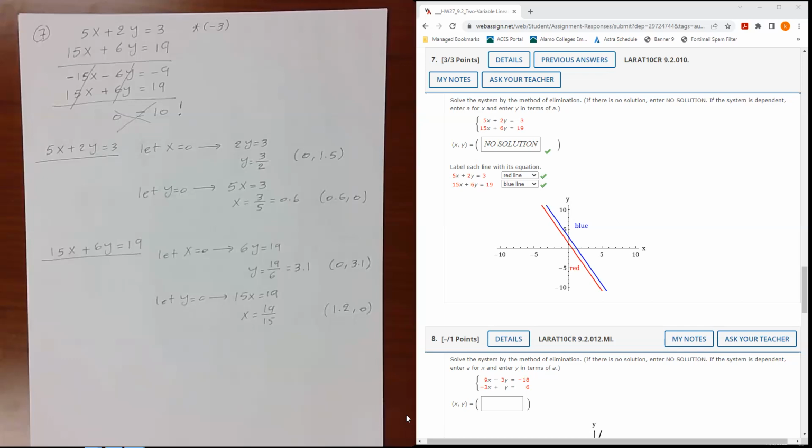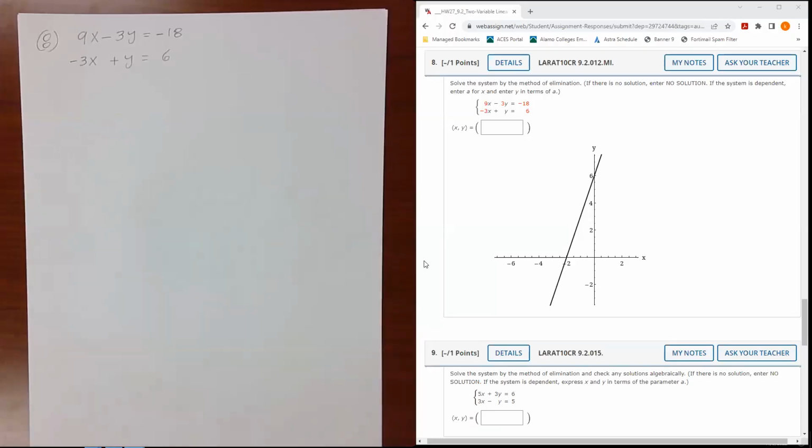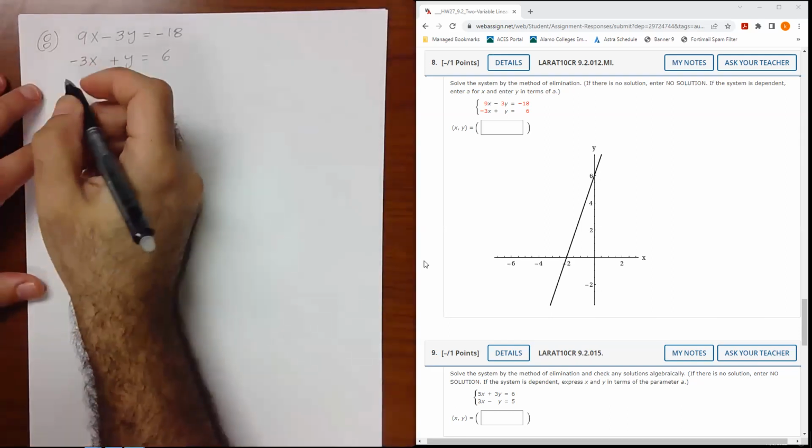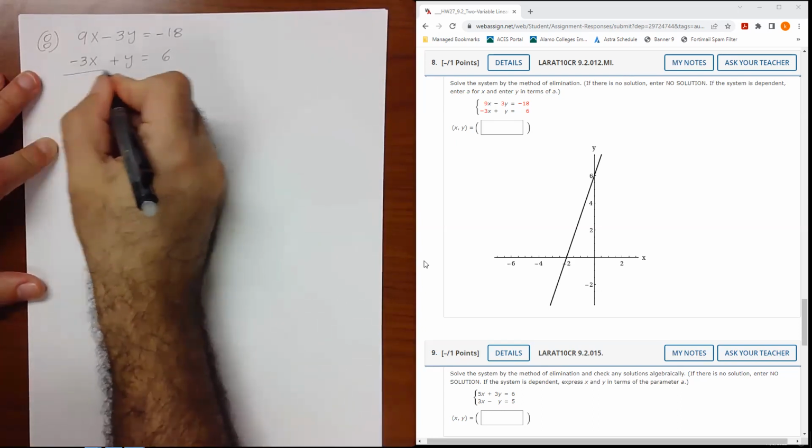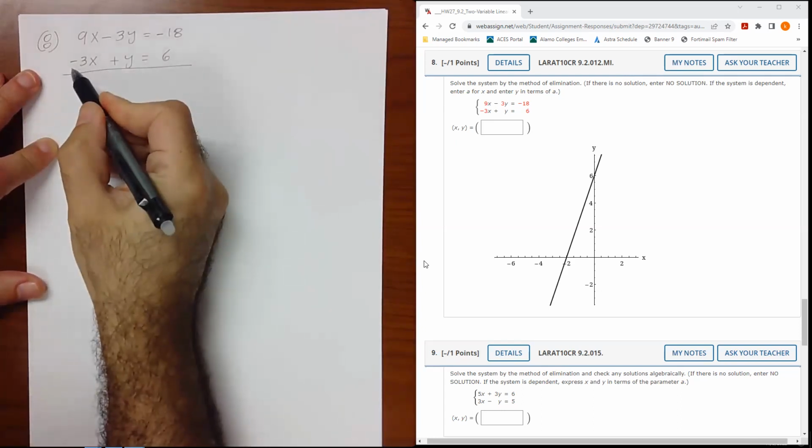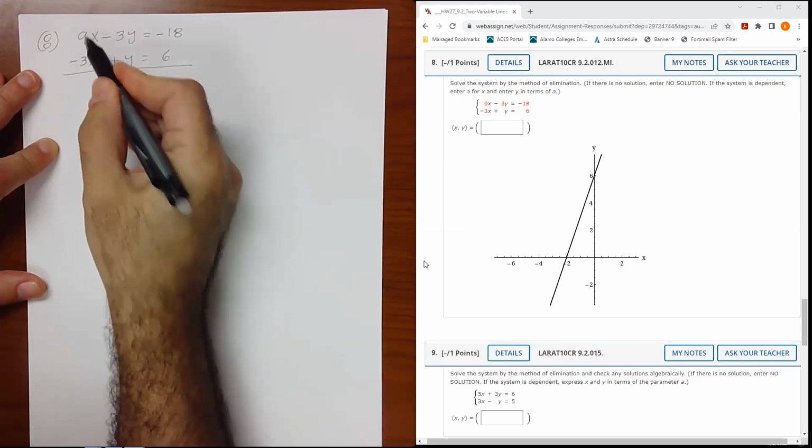Let's go to example 8. In example 8, we have 9x minus 3y equals negative 18 and negative 3x plus y equals 6. Let's check this system. If you look at the second one, the x is already negative. So if I multiply by 3, I'm going to get 9x.